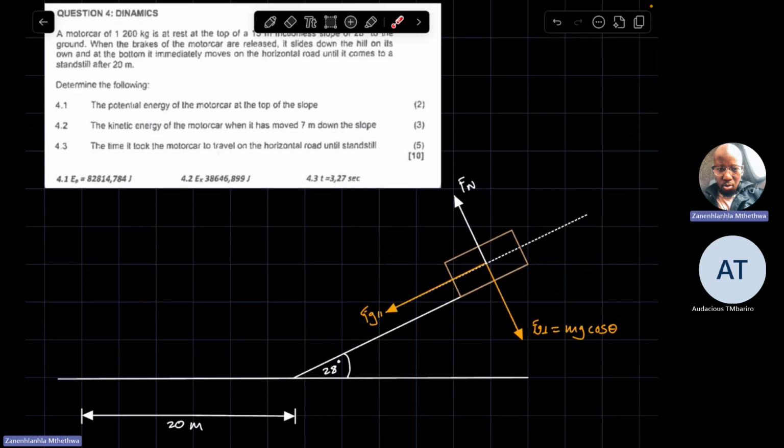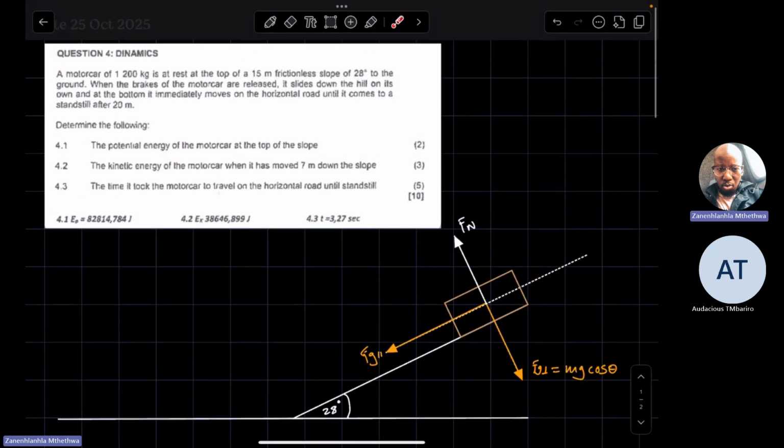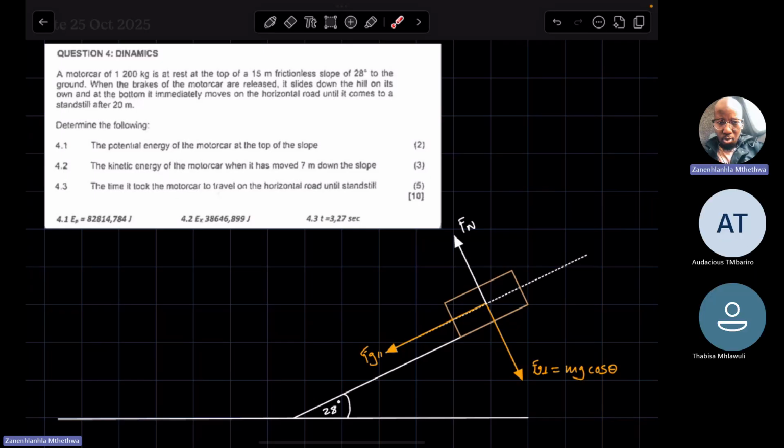Yes, sir. Now, going back to the statement, they said that this slope is 15 meters long. It is also frictionless. So if it is frictionless, it means there is no frictional force here, or the frictional force is so small that we take it as being negligible.